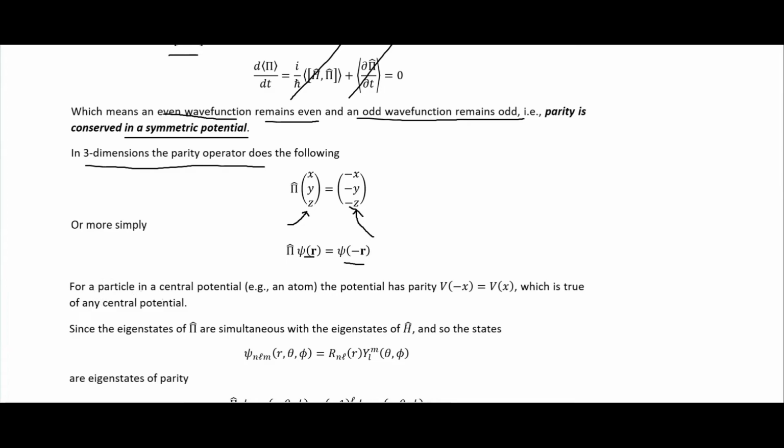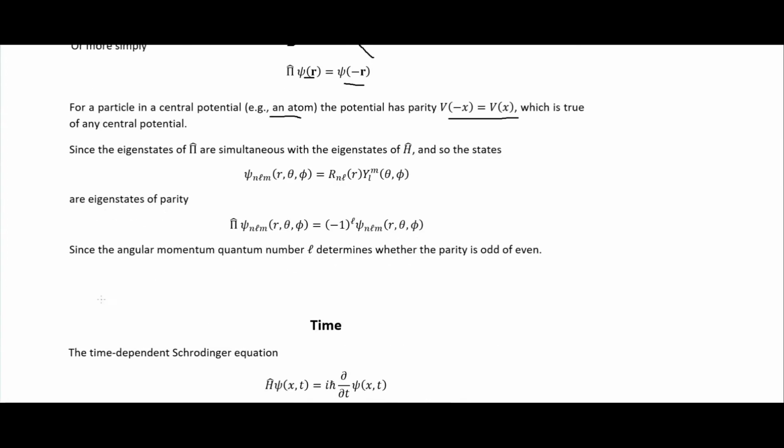So for a particle in a central potential, such as an atom, the potential has this even parity, which is true of any central potential. Since the eigenstates of our parity operator are simultaneous with the eigenstates of the Hamiltonian, the states are given by this, so we have the radial part of the equation and the spherical harmonics. These are eigenstates of parity, which looks like this.